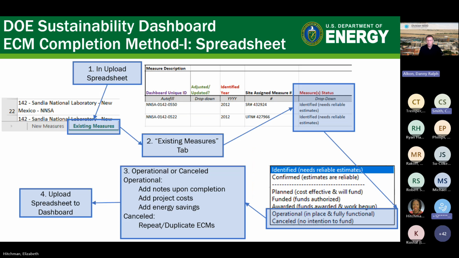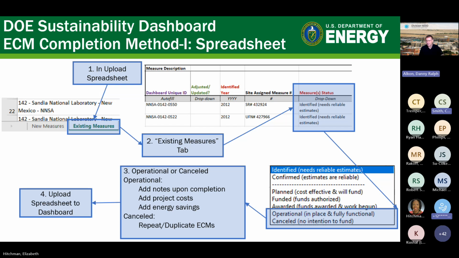Once we know which ECMs have been completed, the red ones that you saw before, there are two methods of showing that they've been completed and archiving them in the dashboard. I'll go over both methods. One is through the spreadsheet, downloading that template, and now you're in the existing measure template or tab.